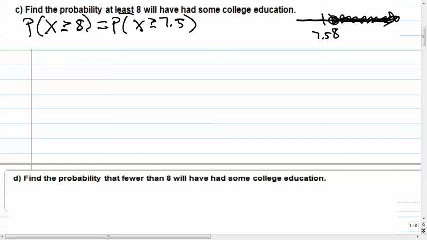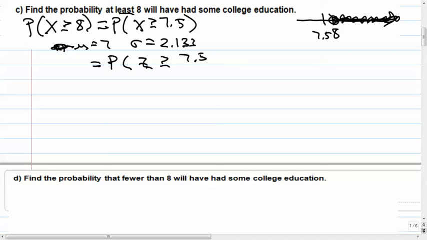Our next step is to convert this to standard normal. Well, we already know that the mean was equal to 7. The standard deviation was equal to 2.133. So this here is equivalent to the probability of z being greater than or equal to 7.5 minus 7 divided by 2.133.